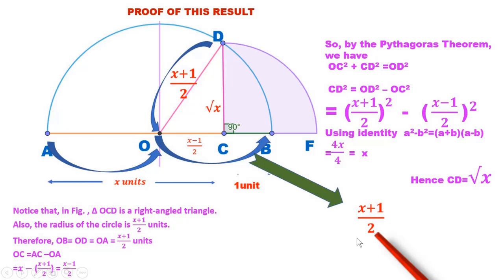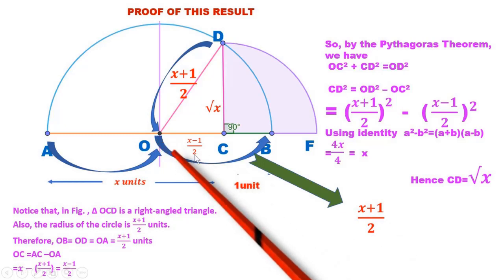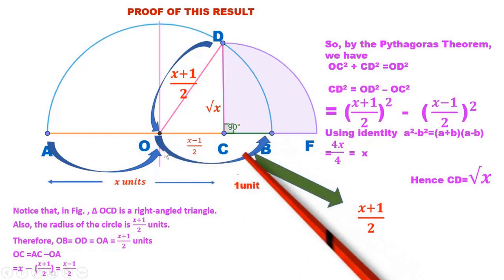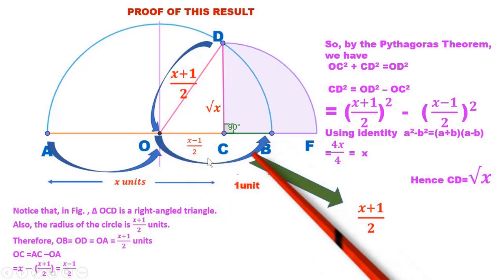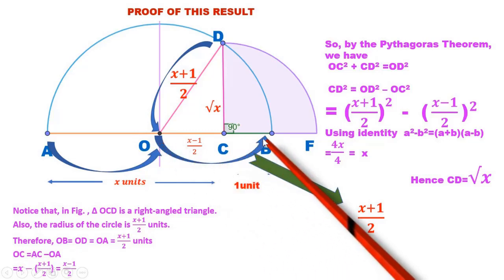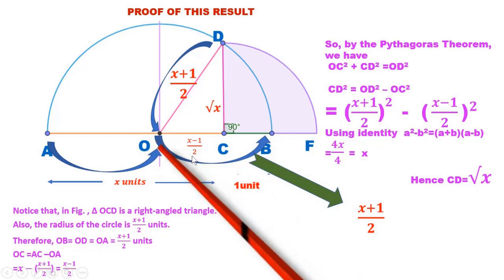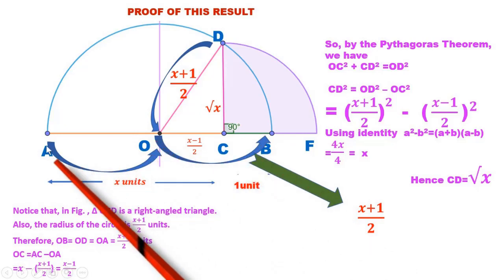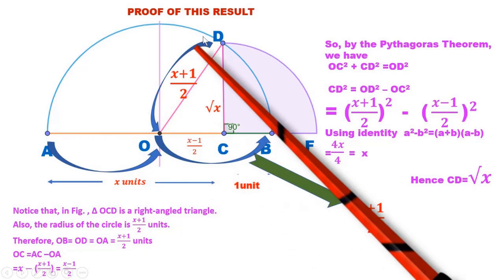Where are these radii on the circle? I have denoted them by blue arrows. Can you visualize OB, OA and OD?